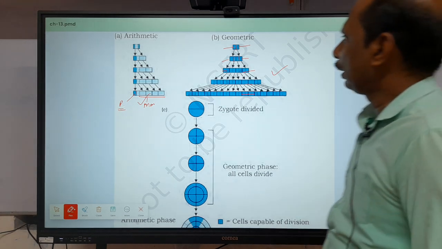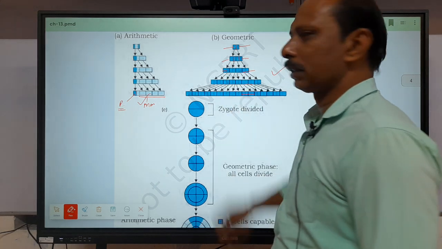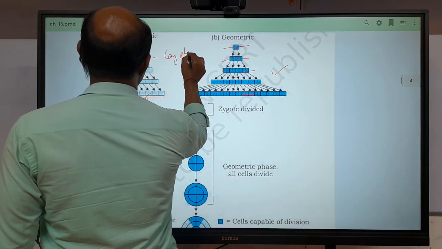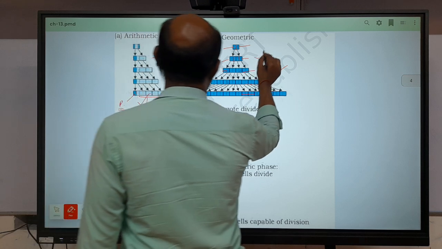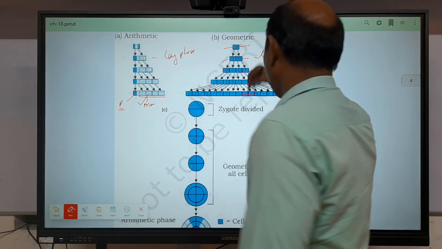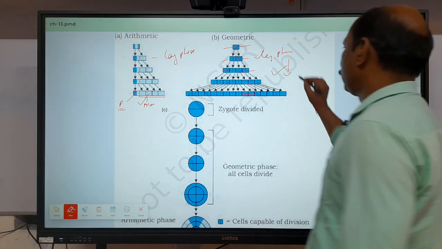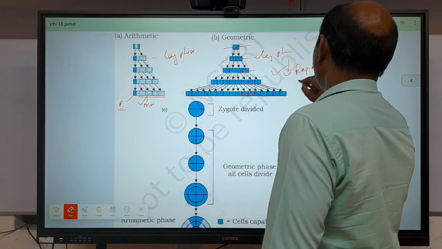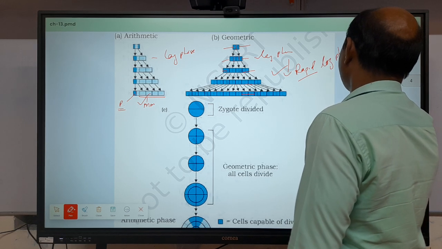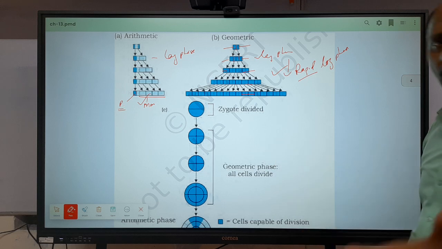Here what happens at the very first time, they have two cells. This is called the lag phase. Lag means slow phase. But after that enormous, very rapid growth is there. Rapid growth means the log phase. Lag phase, log phase. But after some time, what happens?